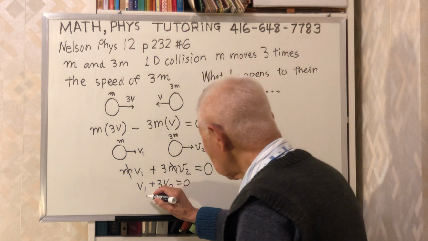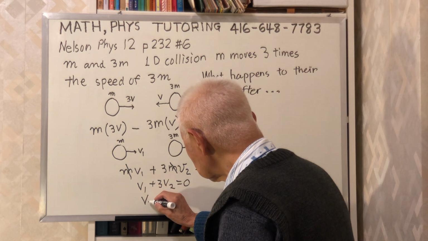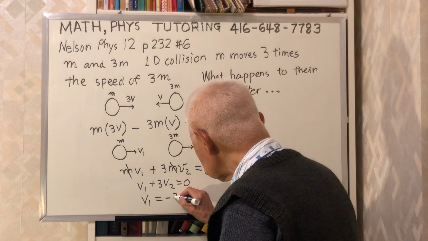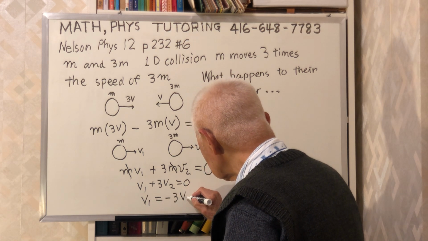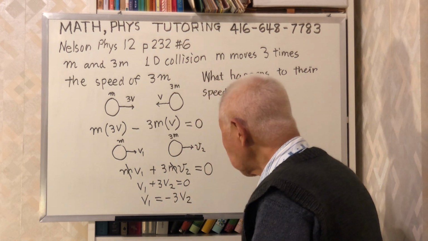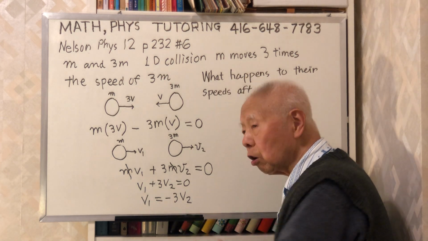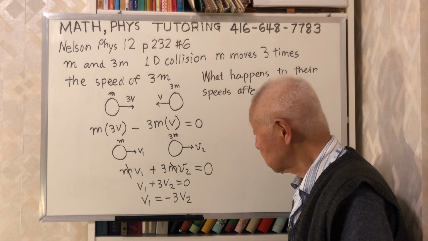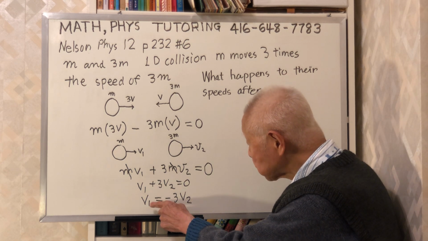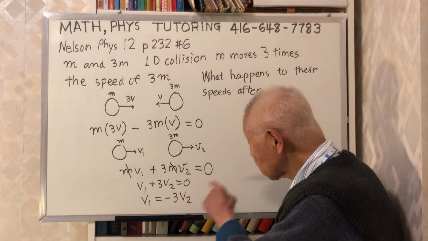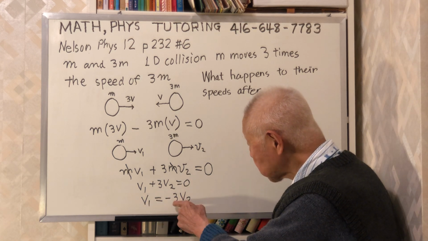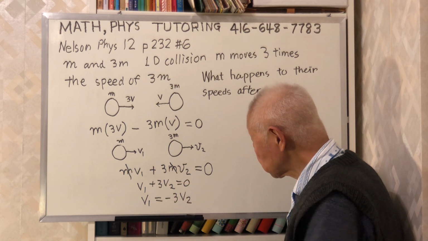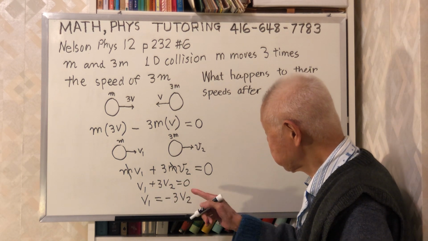I can rewrite v1 is negative 3v2. That means they move in the opposite direction. And v1 becomes faster. You see, v1 is 3 times v2. So v1 is faster then.